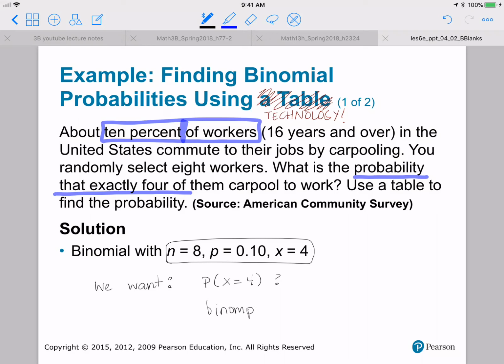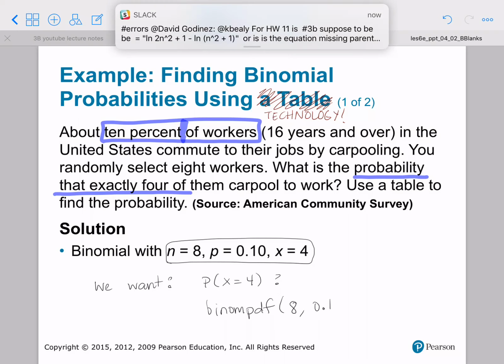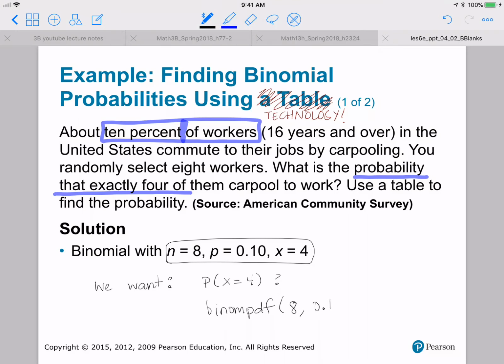How do we do it? Binomial PDF. You put in N, which is 8. You put in P, which is 0.1. And then you put in your x value, which is 4.